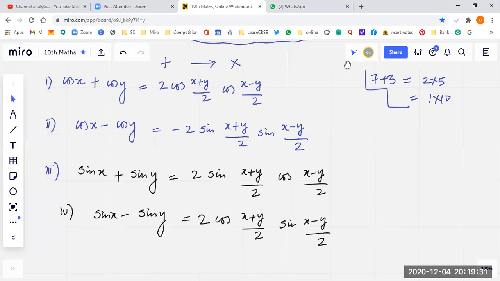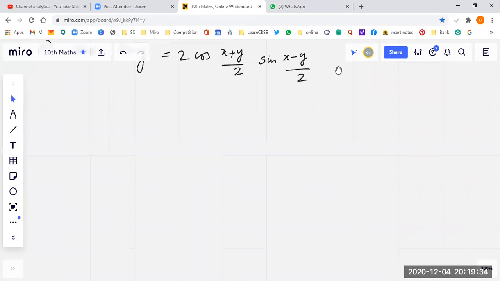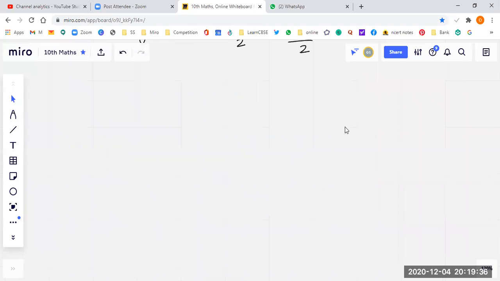Okay. So see, students, now you know that we have time. We can do them. Students, we know that what is cos of x plus y?